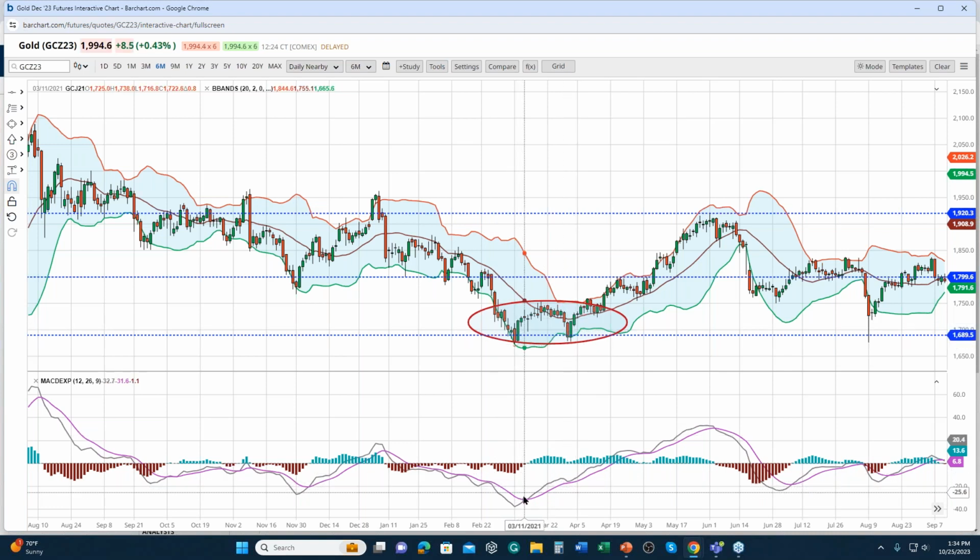Again, the crossover buy signal occurred back here. And now what we're seeing is that we're making relatively the same lows, but what we're getting is what is called a divergence, or in this case a positive divergence. This is another buy indication. So again, I might still be confused here.